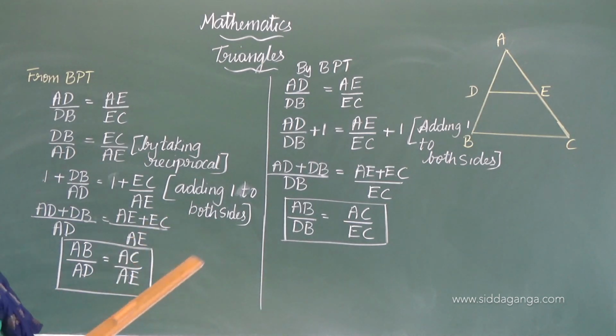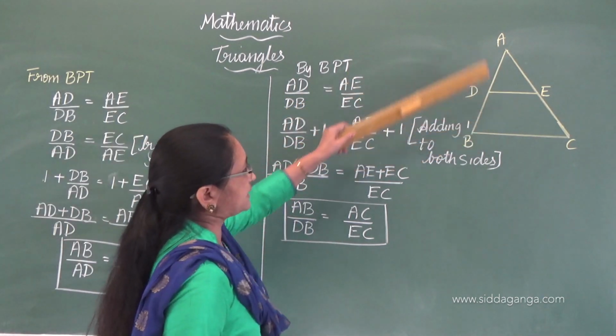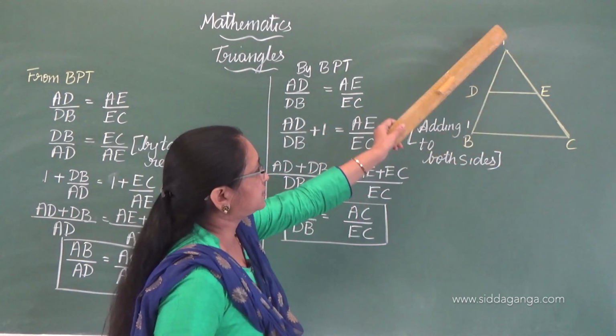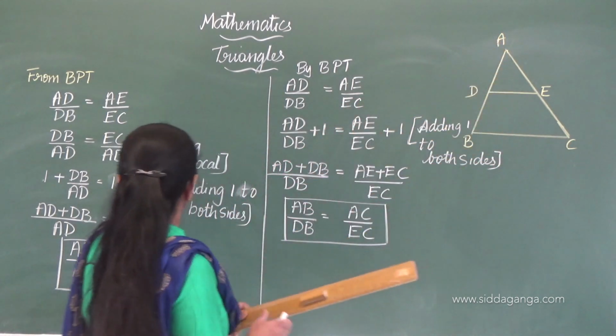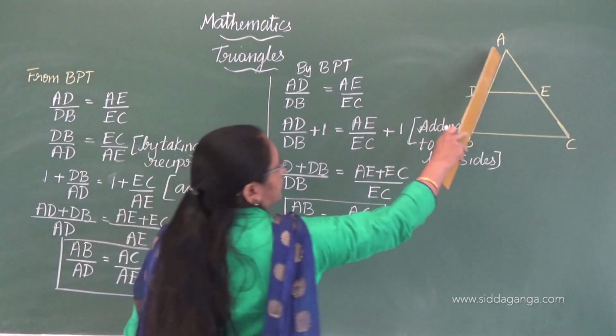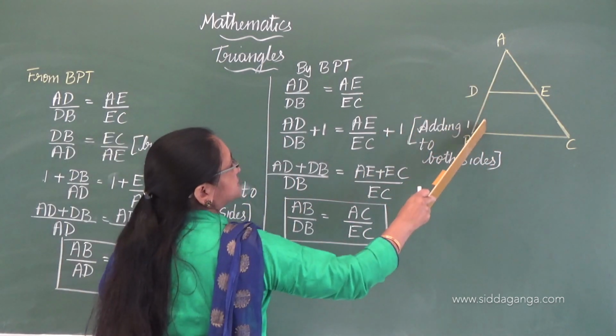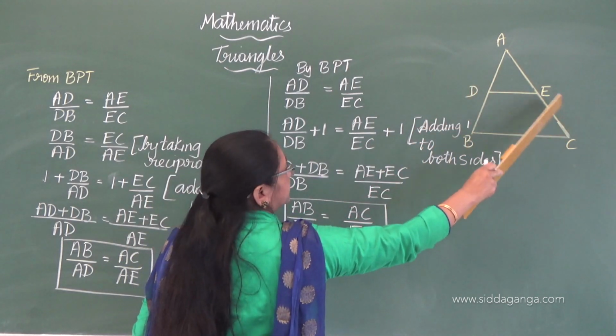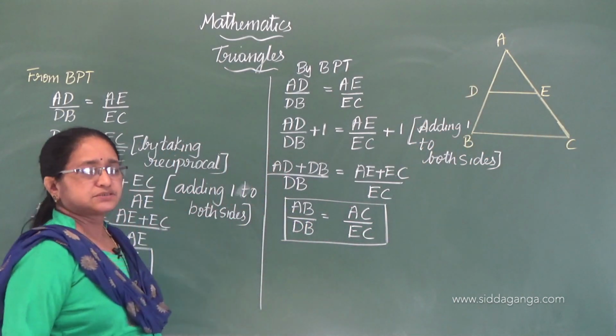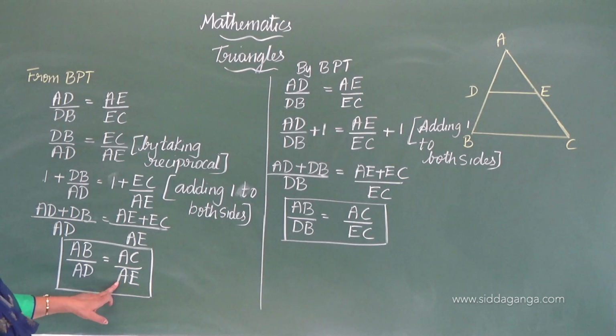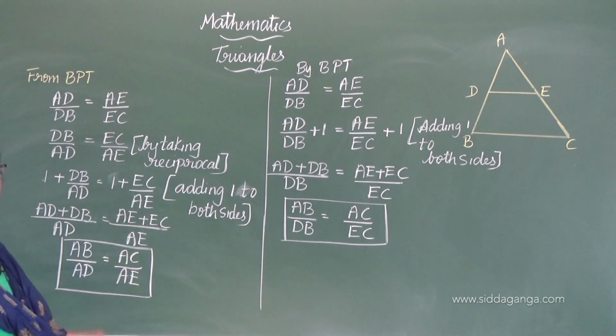AB by AD is equal to AC by AE. And here, AB by DB is equal to AC by EC. Just see the changes here. Understood?